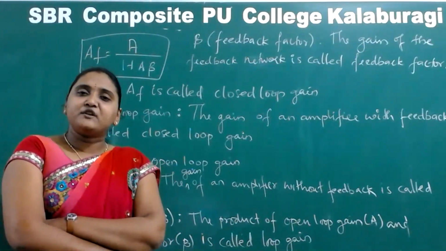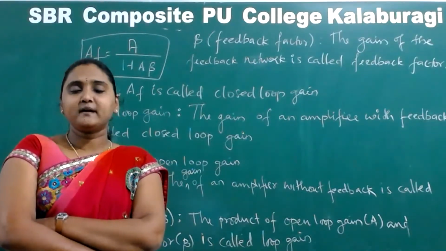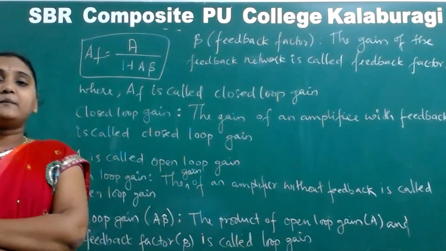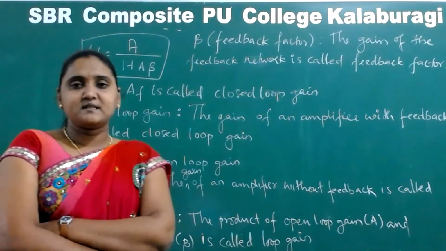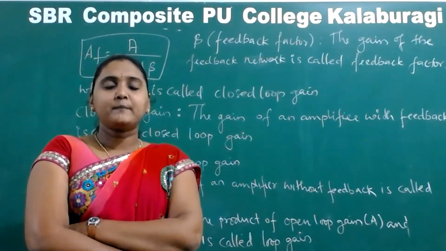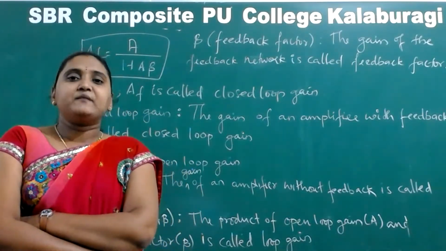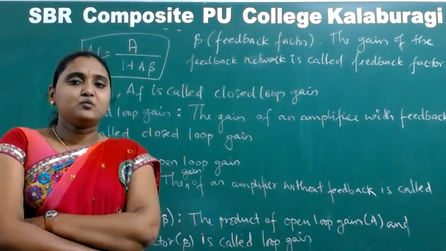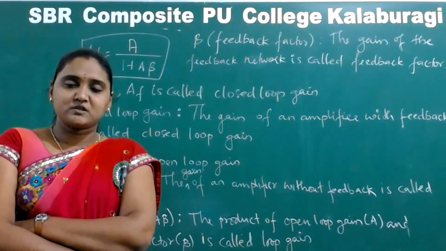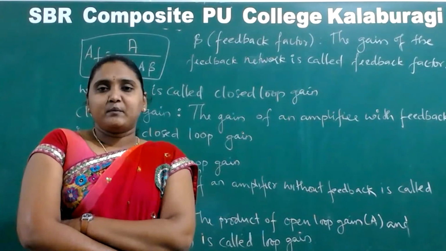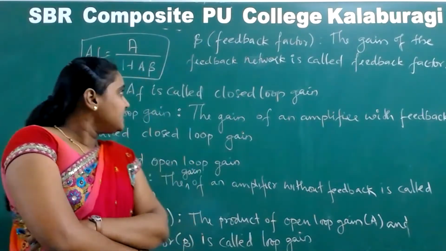We will be seeing the frequency response of a negative feedback amplifier. So how the bandwidth is affected by negative feedback, how the frequency response will be with and without feedback, that we'll be studying. So we'll be coming across various expressions and we'll be solving the numericals, where the numericals will be a 2-mark question, because these are very simple type of numericals, right?